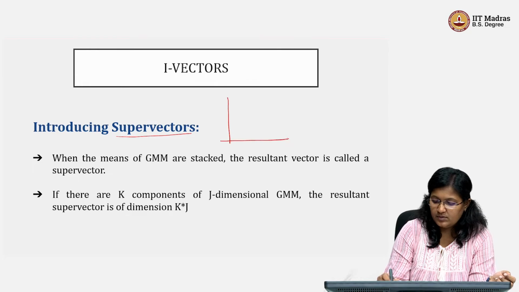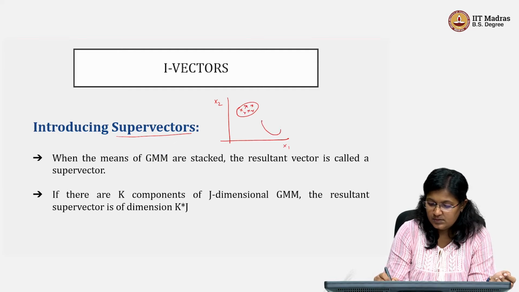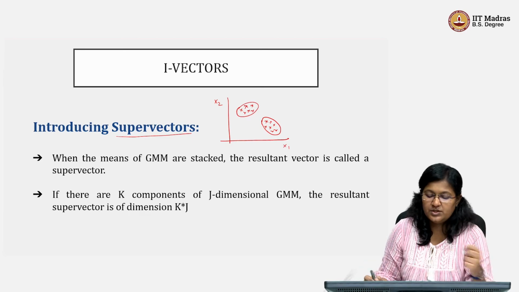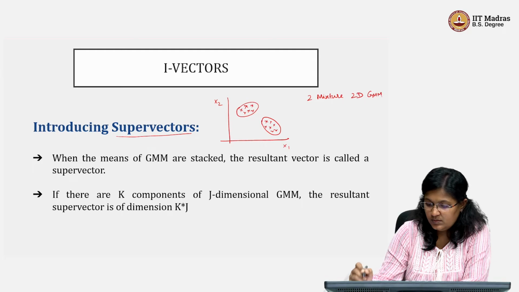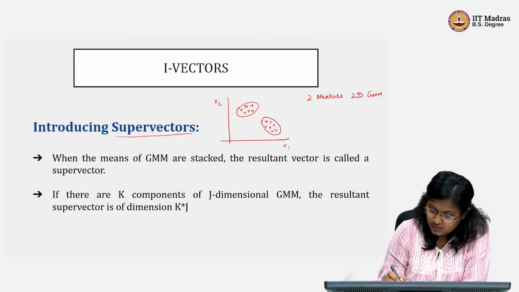Let me draw it again for clarity. Let's say this is one mixture and this is another mixture component. So a two mixture 2D GMM. Let's say this is some mixture center.